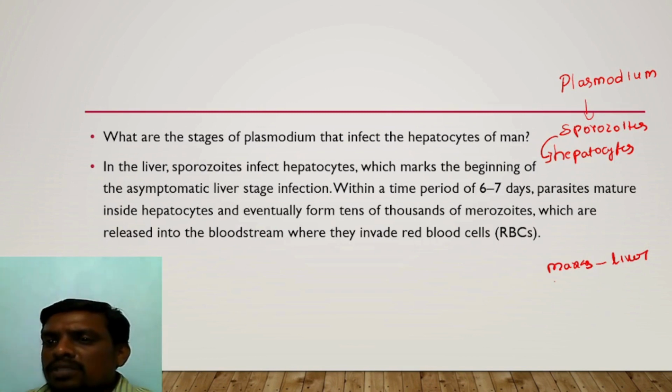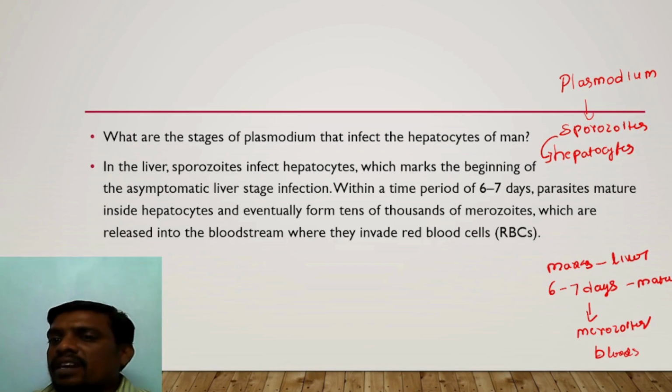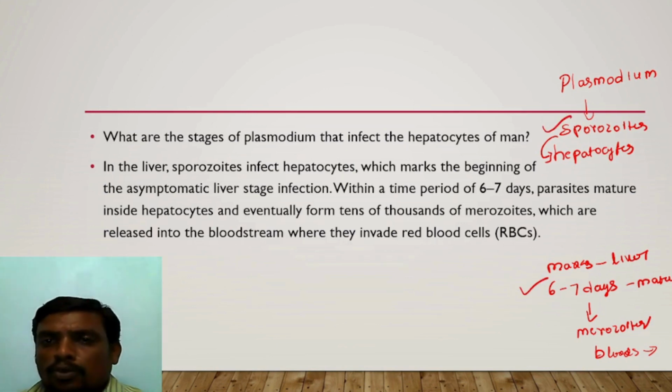Within 6 to 7 days, the parasite matures by feeding upon the content of liver cells or hepatocytes, and eventually forms 10,000 merozoites, which are released into the bloodstream of the human, where they invade red blood cells. These two structures we can refer to as the infective stages of Plasmodium.